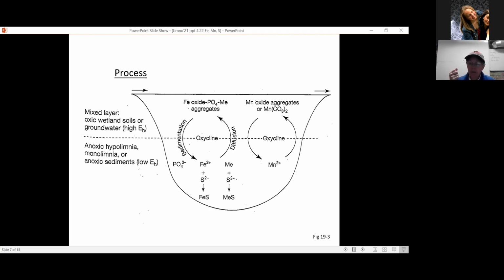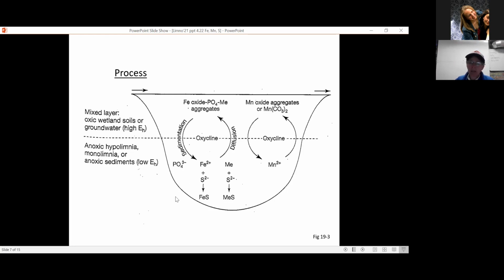This could be the hypolimnion with no oxygen in it. This could be the monimolimnion of a meromictic lake. This could be lake sediment, a little bit below the surface. Even in an oligotrophic lake, if you go a little bit below the surface down into the mud, it will be anoxic.